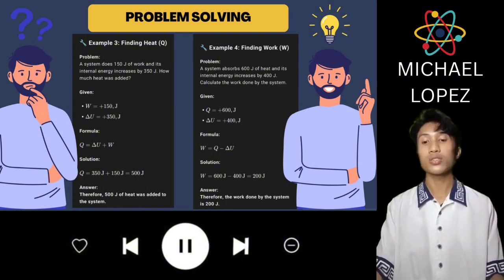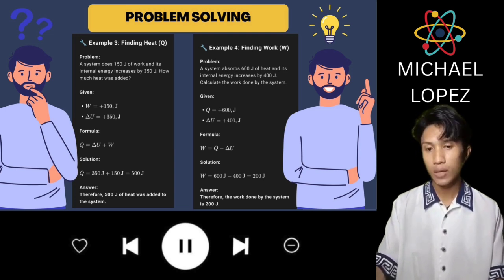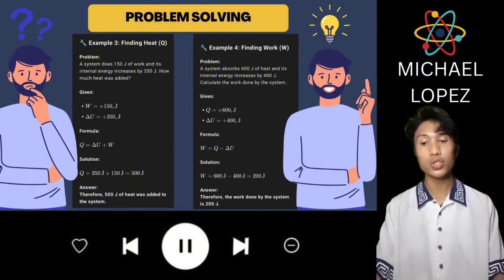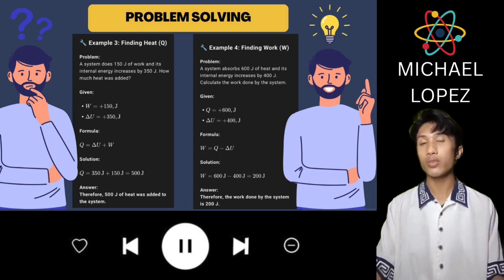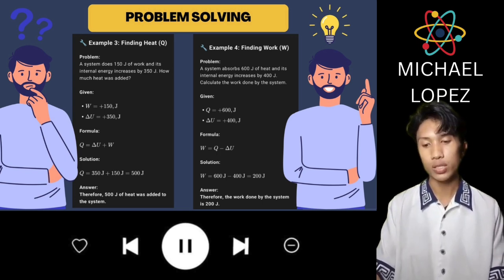Given the formula, W or work is equal to heat minus change in internal energy, let's find out the solution. Simply substitute the given. W is equal to 600 joules minus 400 joules, that is equal to 200 joules. So therefore, the work done by the system is 200 joules.